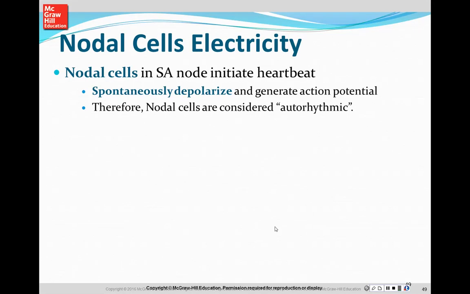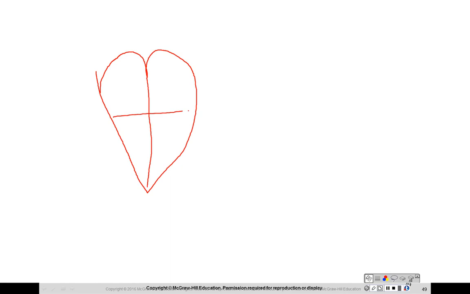Now, we just talked about the autonomic nervous system that could modify heart rate. Well, if you were to take a heart out of a live animal and remove the heart, and I'll draw my version of a heart, we'll put the chambers there, atria, ventricles, and you were to remove all sympathetic and all parasympathetic wiring, so no autonomic nervous system stimulation.